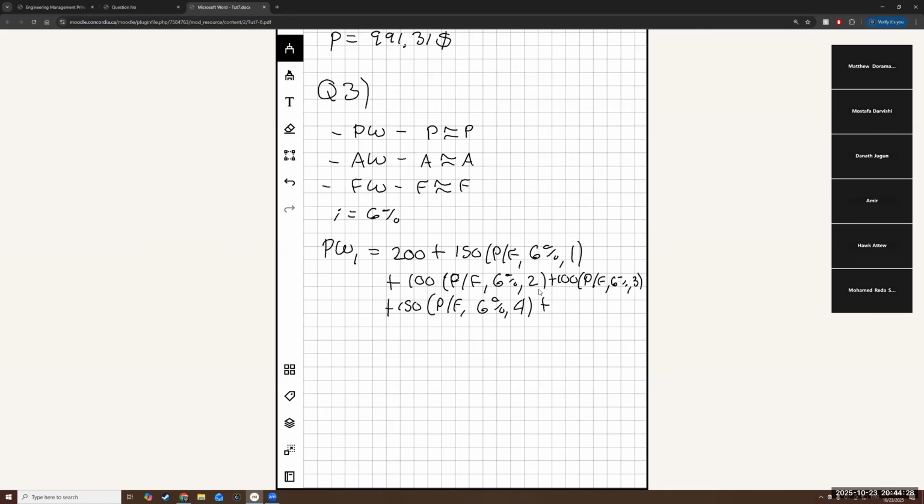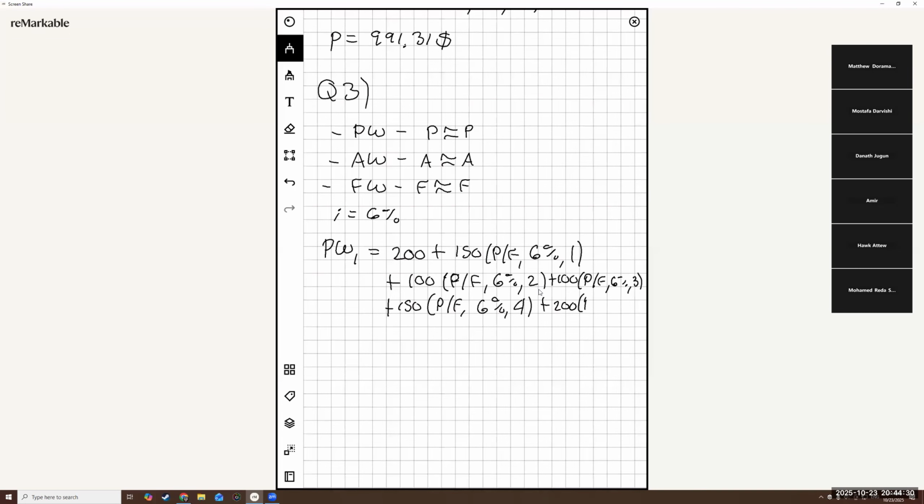And $200 on the 5th year. If you were to compute this present worth, it is equal to $782.7.